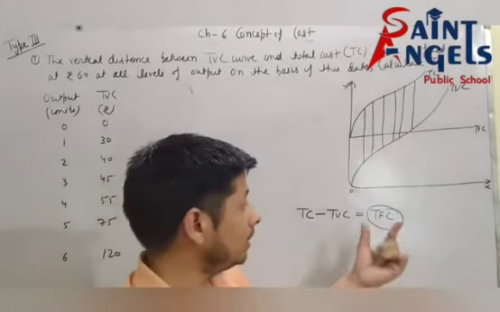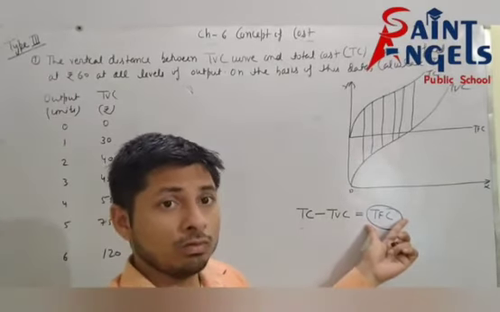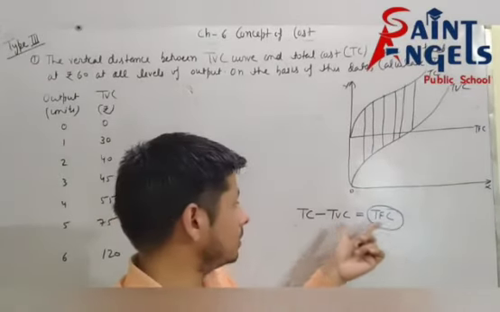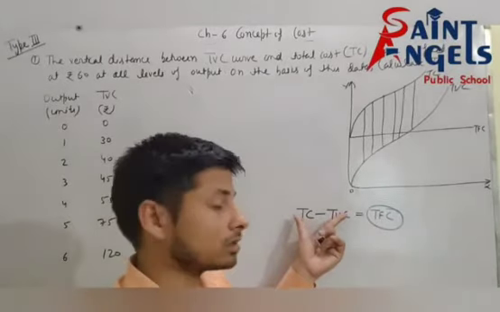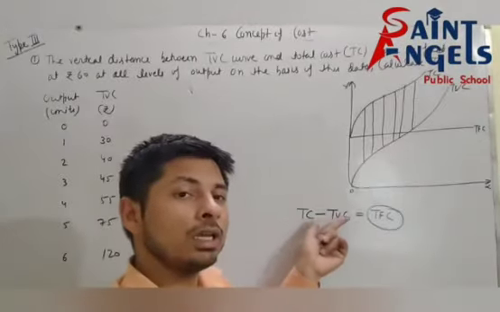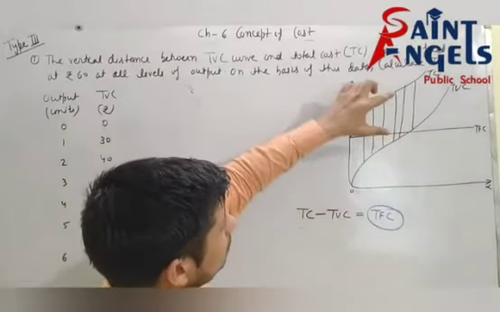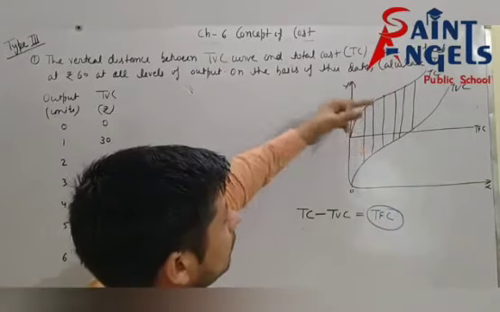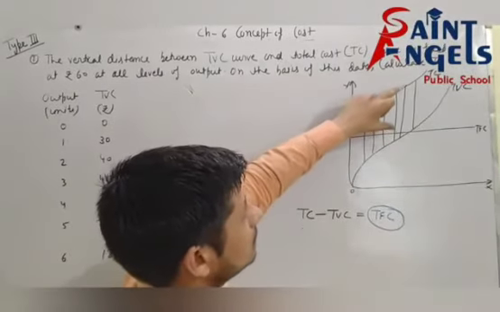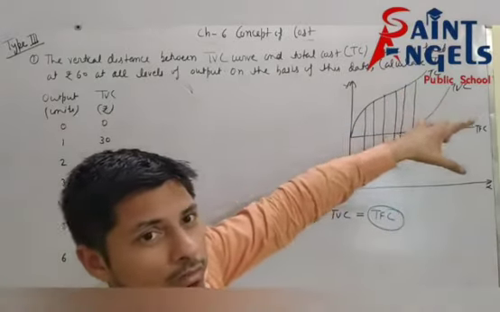You know that TFC remains constant at all levels of output. So you can say the gap between TC and TVC, gap meaning difference, will remain the same. The vertical gap or vertical distance will remain the same because TFC remains the same at all levels of output.